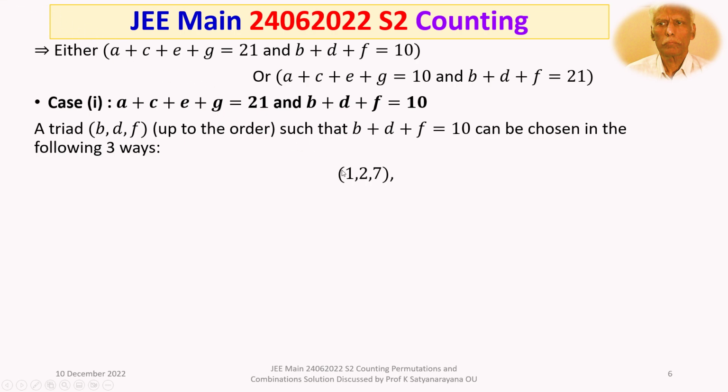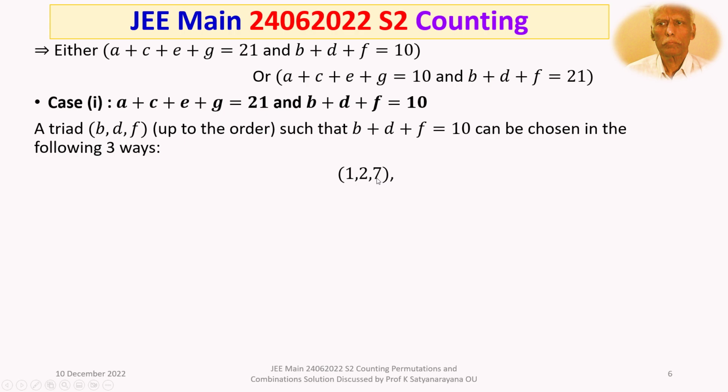That is 1, 2, 7. 1 plus 2 plus 7 is 10. Up to the order, don't worry about 7, 1, 2 or 2, 7, 1, all those things will come. But don't worry about that. The orders we will take into account when we are counting the 7-digit numbers.